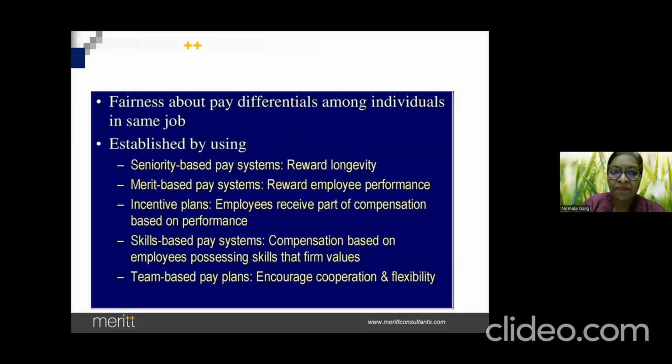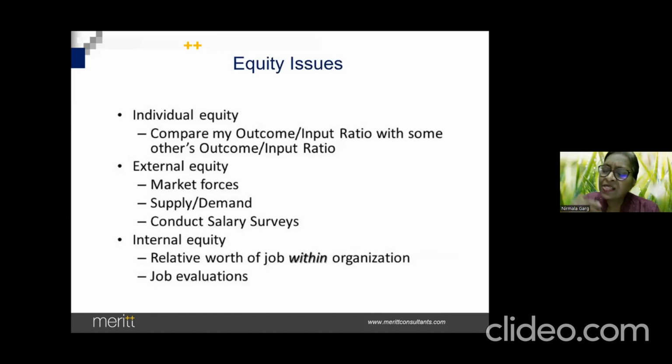Now, when we talk about individual equity, I will ask you a question. What are some of the reasons? I gave you an example: Seema and Abhijit. Abhijit could get more than Seema just out of performance, experience. Very good. Anything else? Excellent. Years of experience. Because Abhijit is a better performer, I need to give him more.